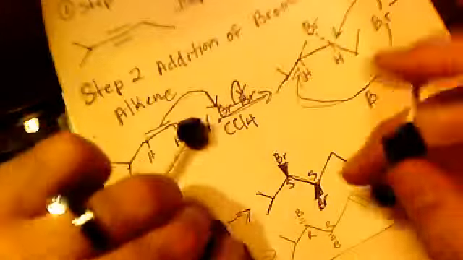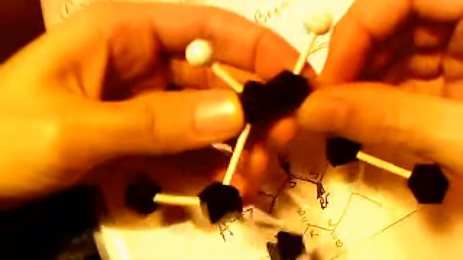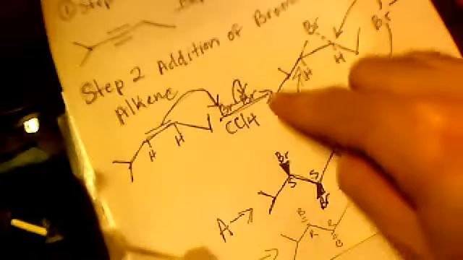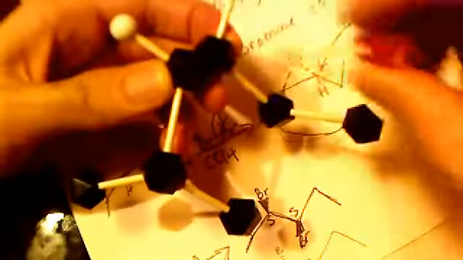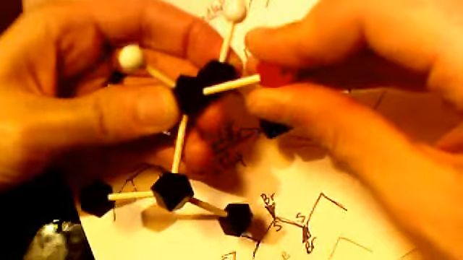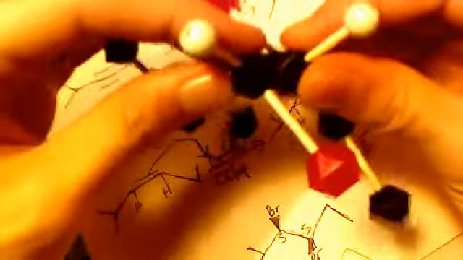Here we have the alkene, right? The double bonded alkene. Now, if this bromine takes the B path and it attacks this carbon here, then this bromine's gonna come to the back. It's anti-addition, so it's gonna be on the other side, like so. It's like this, right? And then you just put the bond in.